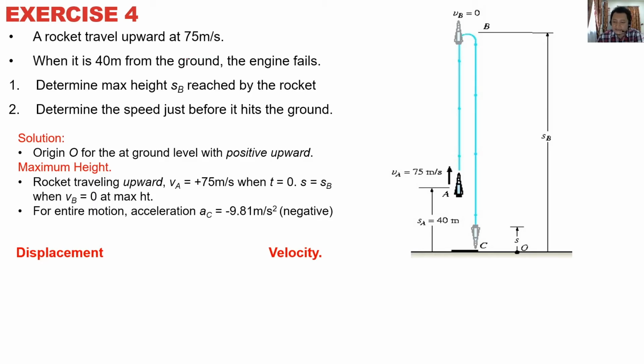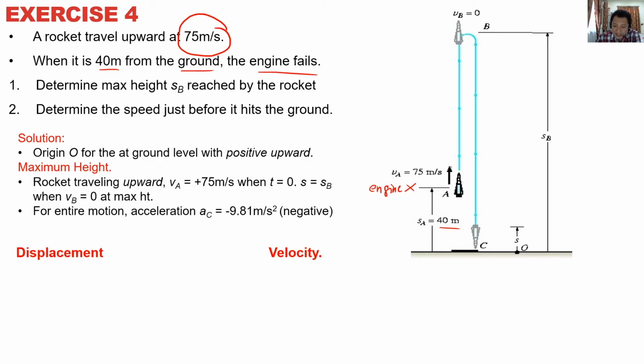This is a rocket. This rocket is traveling at 75 meters per second going up. It flies away 40 meters from the ground, and when it is 40 meters from the ground, the engine fails. Originally it has an engine; 40 meters above the ground, no engine.